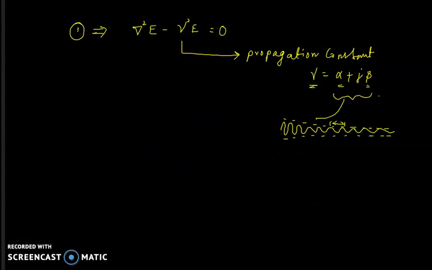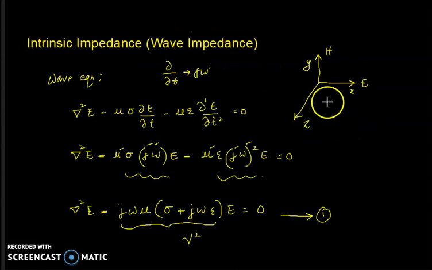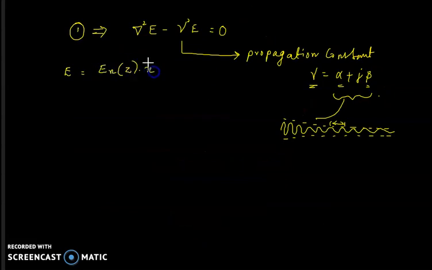So let us take this E as a function of z, Ex, along the unit vector x cap, because it is oscillating along the x-axis but propagating along the z-axis. It has no y component, and the wave propagation is only along the z-axis.